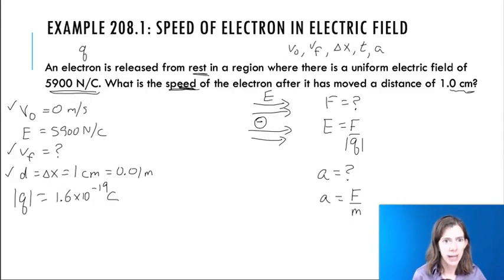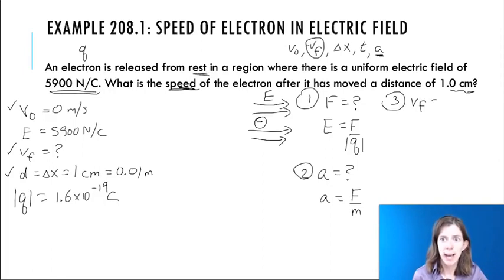And then once we have the acceleration, we can find our unknown here. I may have said that we were given VF, but VF is actually our unknown. Sorry about that. A is now going to be a given, and that will allow us to find VF using a kinematic equation. So step 1, step 2, and then step 3 is we're going to find VF.